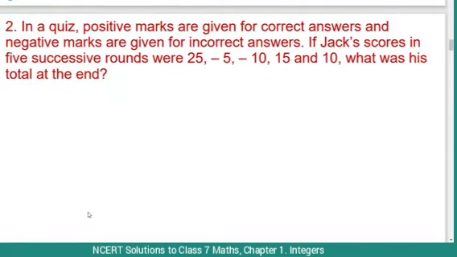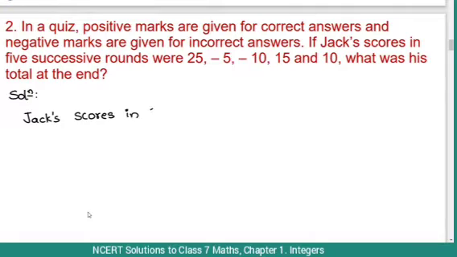Second question, in a quiz, positive marks are given for correct answers and negative marks are given for the incorrect answers. If Jack's scores in 5 successive rounds were 25, minus 5, minus 10, 15 and 10, what was his total at the end?